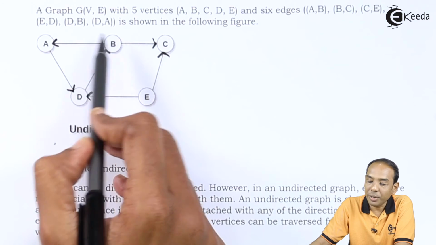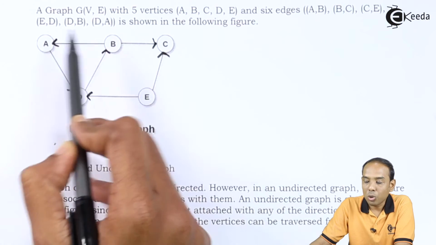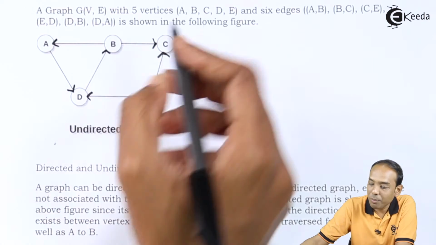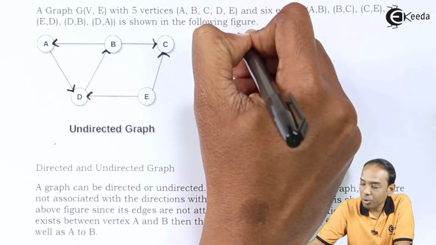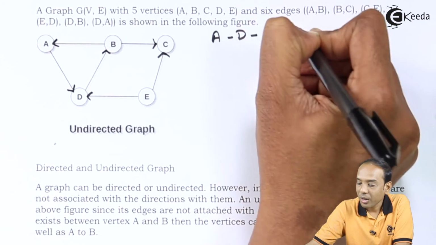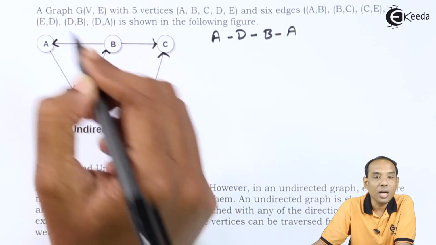They are B to A and B to C. So I can travel from B to A and come back to the original A. So our path becomes A to D, D to B and B to A. Like this I can travel from A and come back to A.